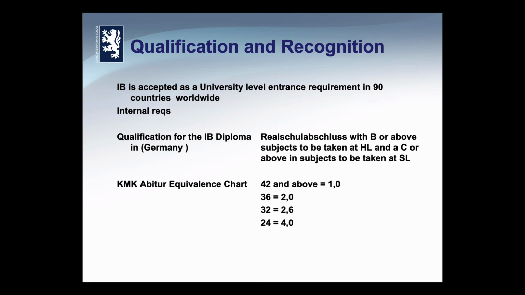The German system does require some additional requirements for entry to the German university system, however. And for this, I would refer you to our University and Careers Counsellor, Mr. Justin Sands.